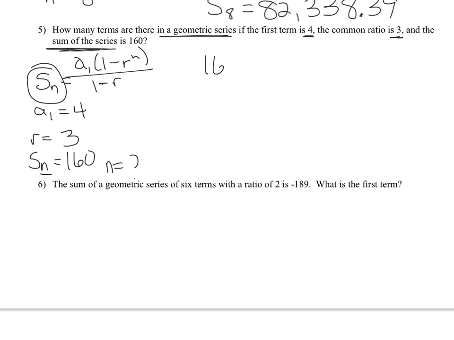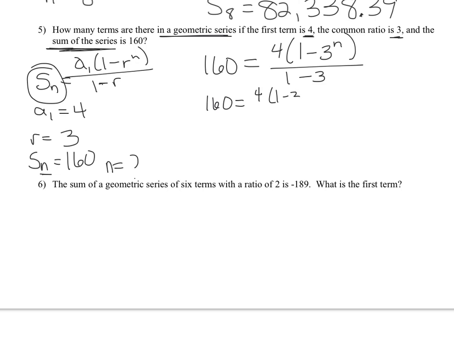So 160 is equal to the first term, 1 minus 3 to the n. Oh no, an n in the exponent means logs might show up, divided by 1 minus r. So 160 equals 4 times 1 minus 3 to the n all over negative 2.